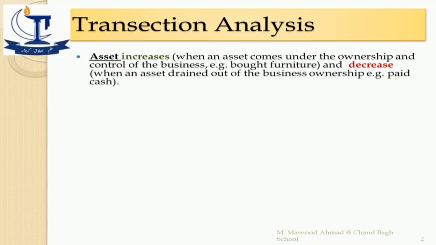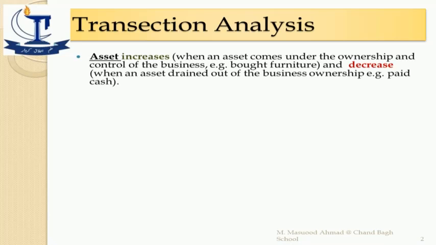So furniture is the asset which is being increased, and for purchasing furniture you pay a certain amount from your cash or from your bank. So bank or cash in this case is decreasing. So we have to look in a transaction whether an asset is increasing or decreasing. On this point you have to be very clear.